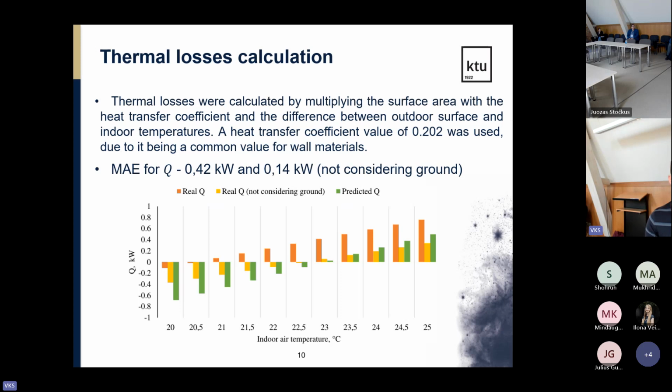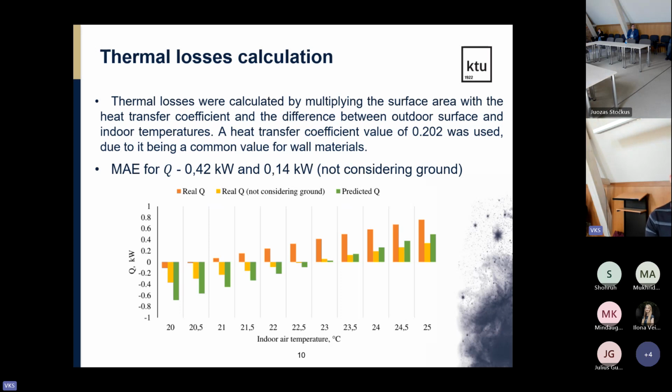And regarding the indoor air temperature, since we do not know what was the actual indoor temperature of the building at the time when the thermal images were taken, we used a range of different values and performed the calculations on each of them.